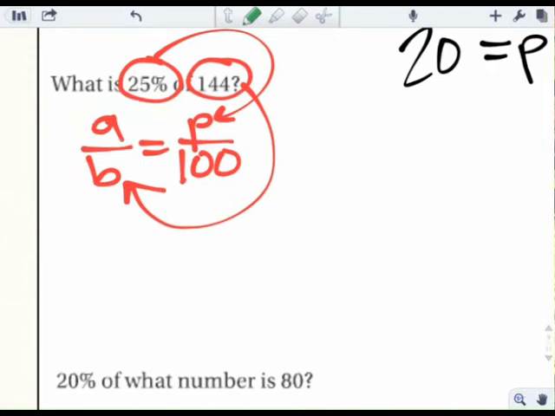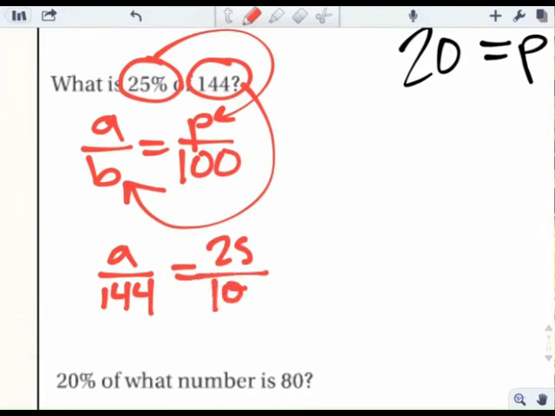I don't know if that's more confusing or not. Let's just plug the numbers in and see what we get, see if the answer is reasonable. So A over 144 equals 25% over 100.